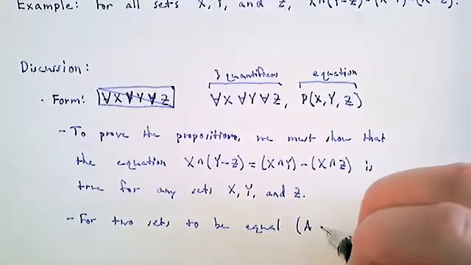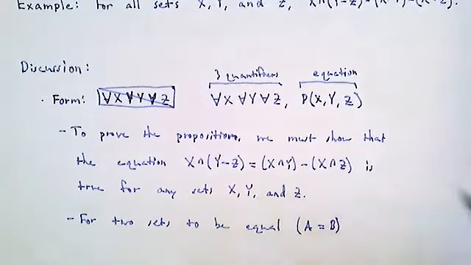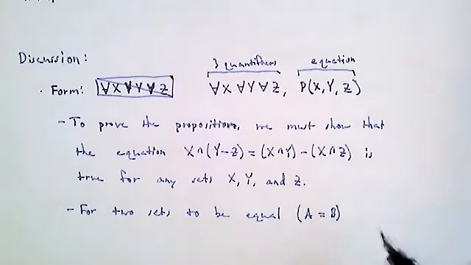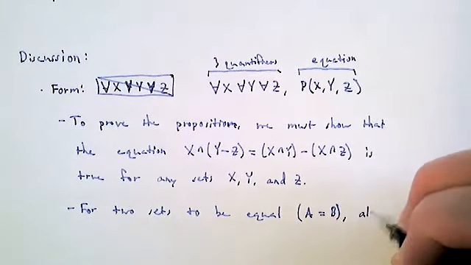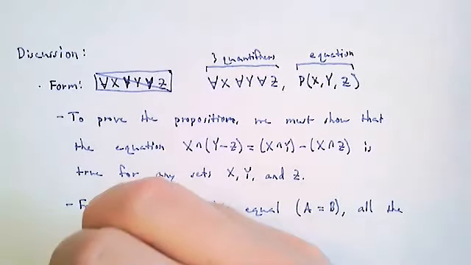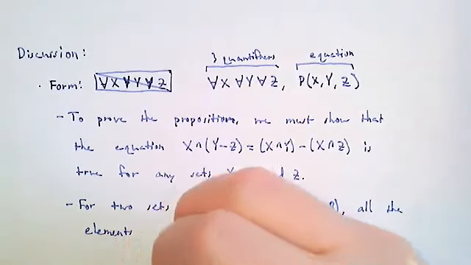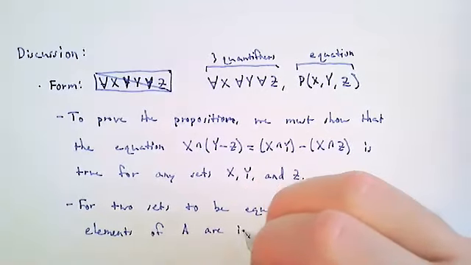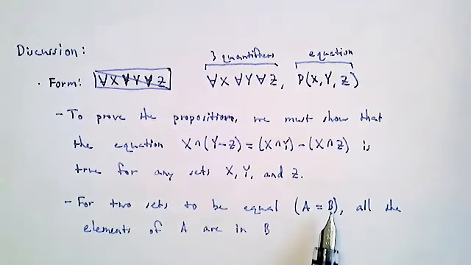So if we're looking at something like the set A is equal to the set B, then you have to show that all of the elements of A are elements of B. And you also have to show that all the elements of B are elements of A.